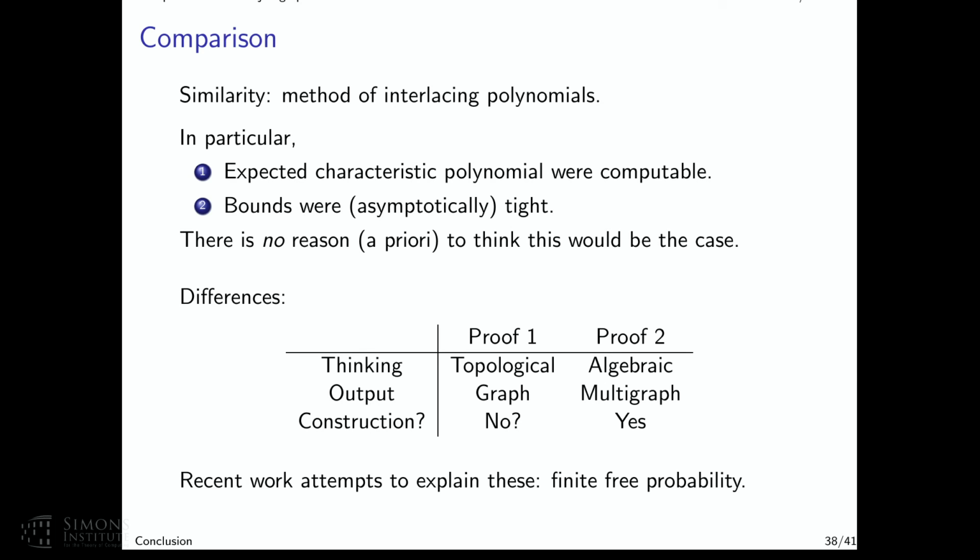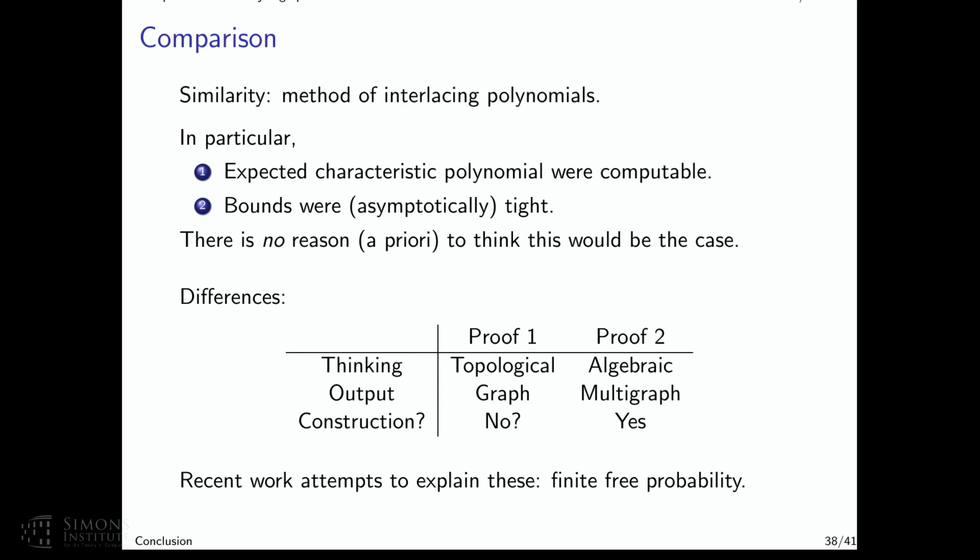The difference is that the output of the original one is guaranteed to be a graph. In the second one, we have no way of ruling out the possibility that you could get a multigraph, which is a Ramanujan multigraph. And of course, the first one we believe has no construction, or at least any naive construction, and the second one does contain a construction.